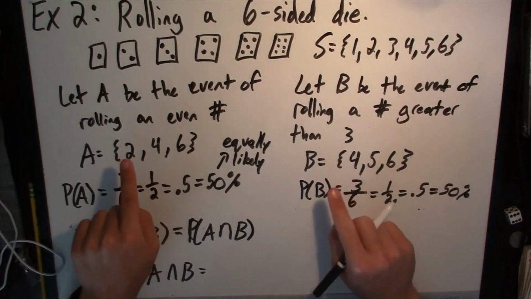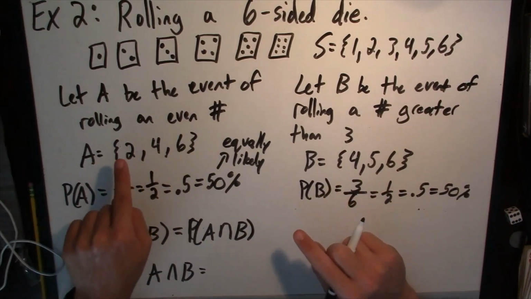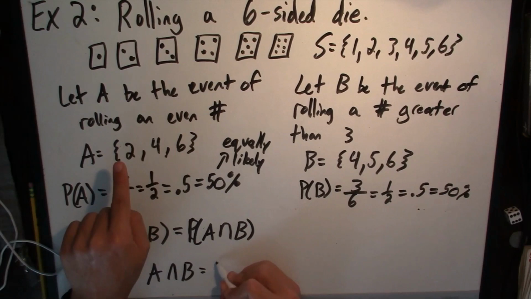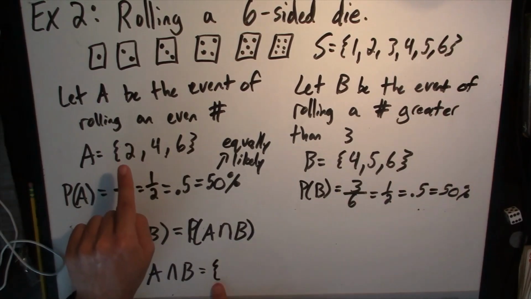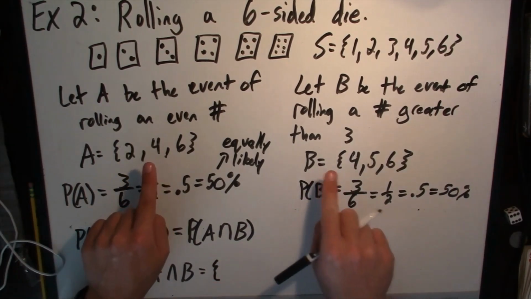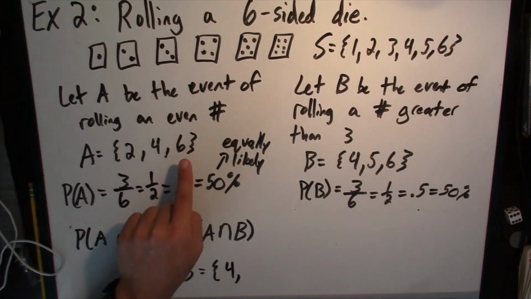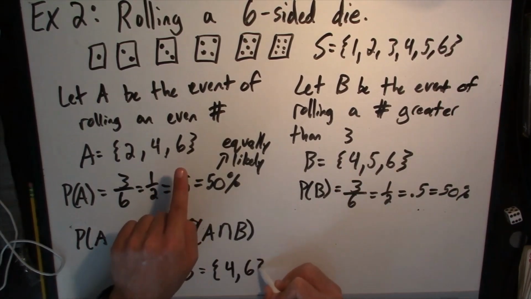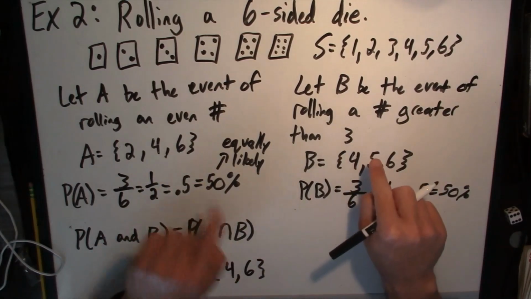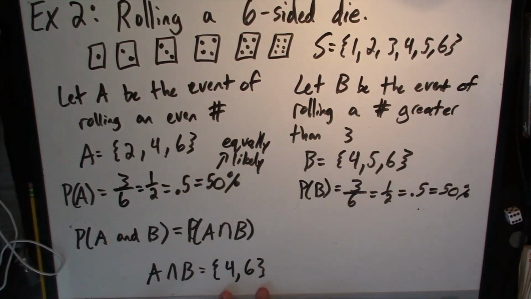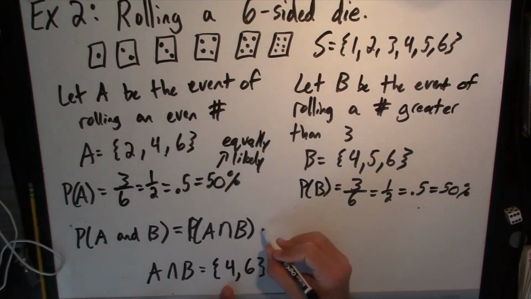Well here, A has the element 2, but B does not. So 2 does not go into the set. A has the element 4, and B also has the element 4, so it does go into the set. A has 6 and B has 6, so it does go into the set. B has 5, but A doesn't, so we only take 4 and 6.